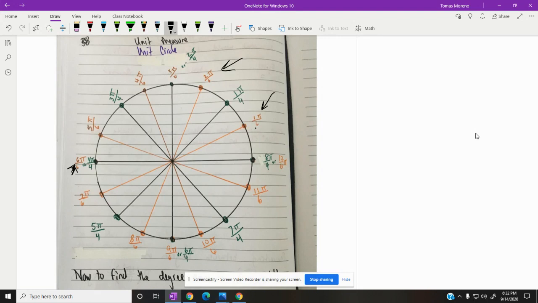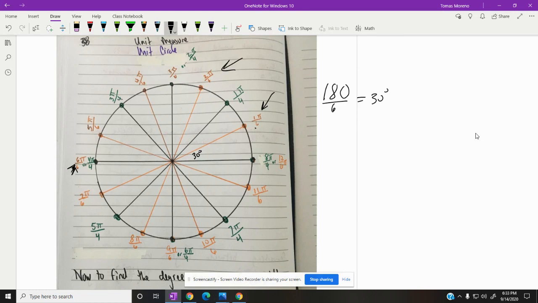So if you notice, 1/6, if I was to do that, think of it in terms of degrees, 1/6 would be 30 degrees, right? So this right here, woo, why did I write 60? This right here would be my 30 degrees, okay?